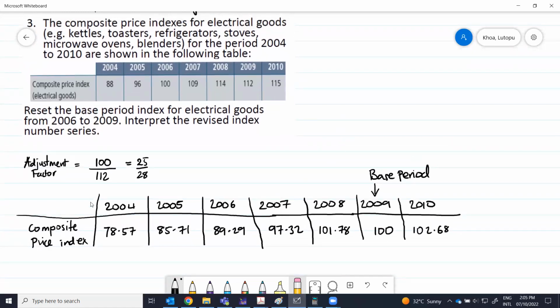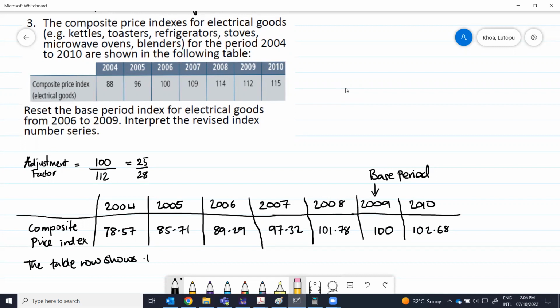So this is basically just the composite price indexes for electrical goods for the period 2004 to 2010 with 2009 as the base year. So it's basically saying the same thing, except that the base period is no longer 2004, it's no longer 2006, it is now 2009.